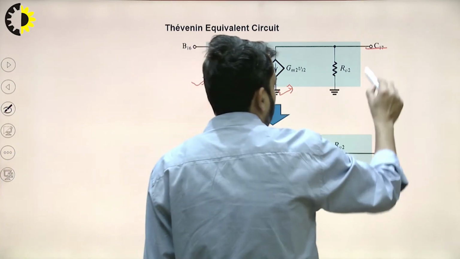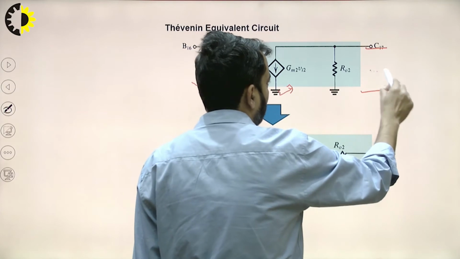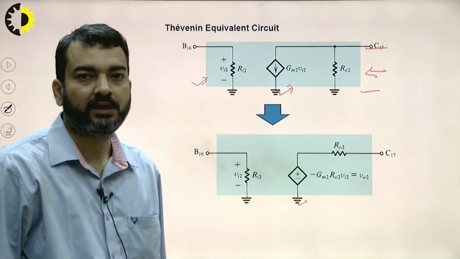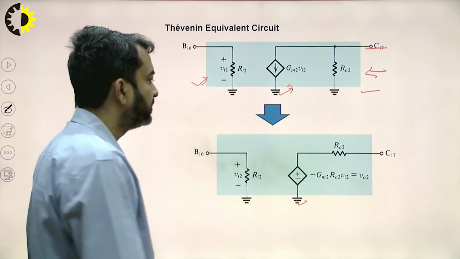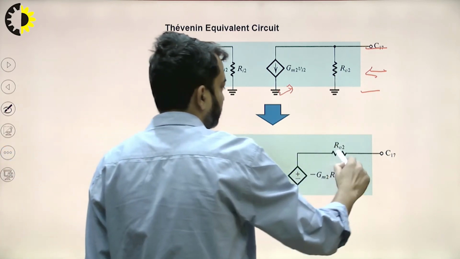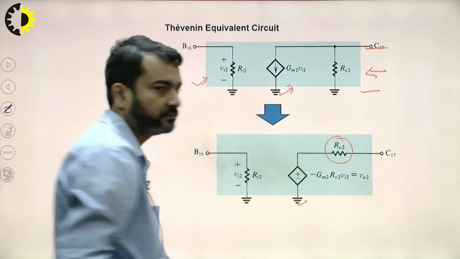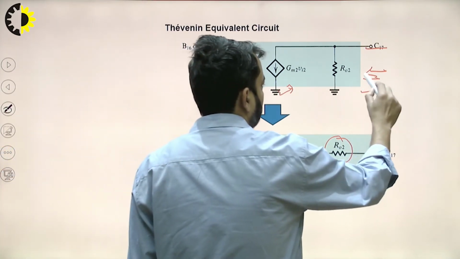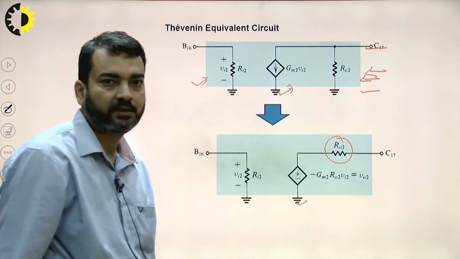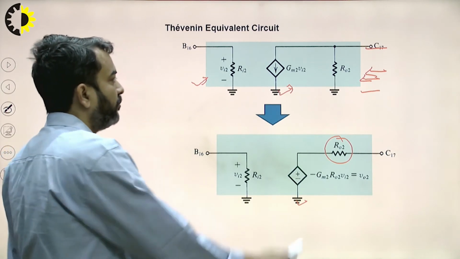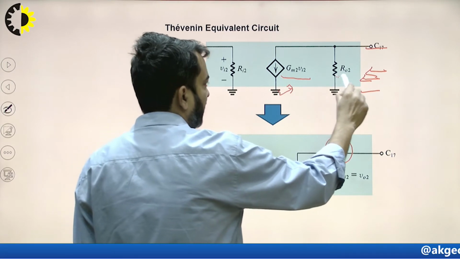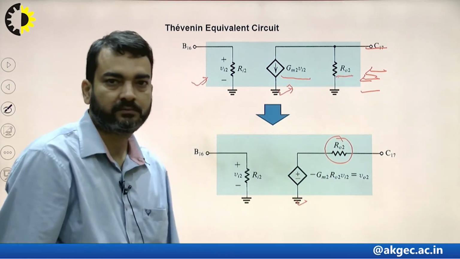So we will look from this port at what the net resistance is. The net resistance, also known as the Thevenin resistance, is simply R02, and the net voltage looking at this port will be minus GM2 Vi2 multiplied by R02.